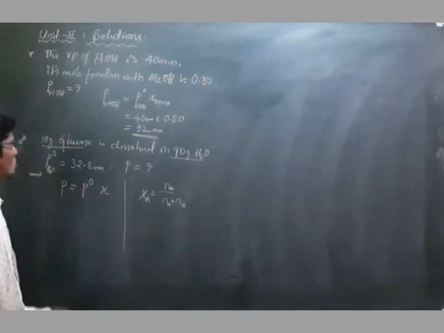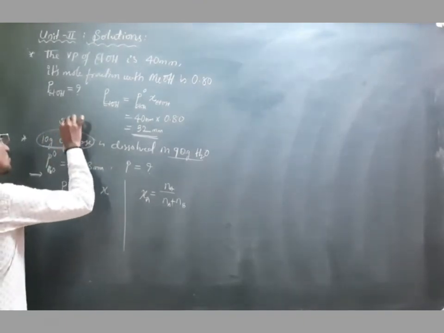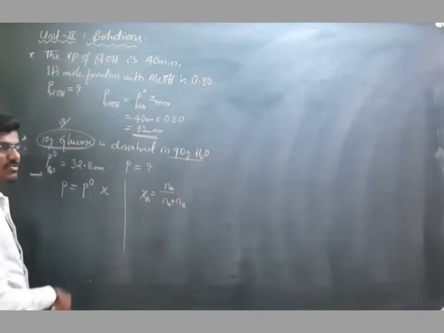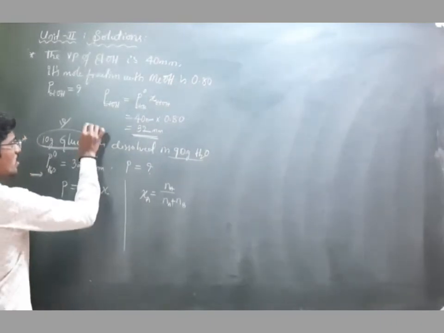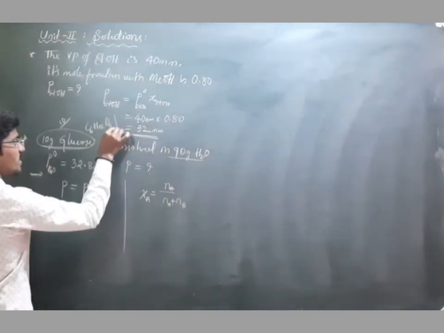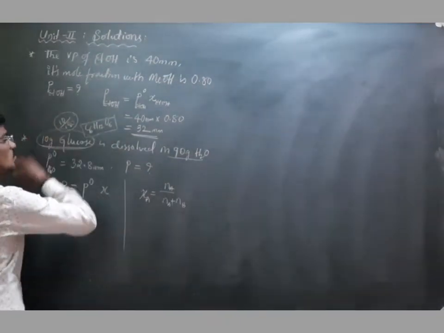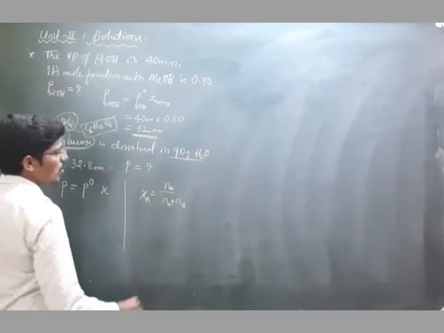Now how to calculate number of moles? This is the solute. Given mass is 10 gram divided by molar mass of glucose, C6H12O6, which is 180. So this is the number of moles of solute, Nb value.